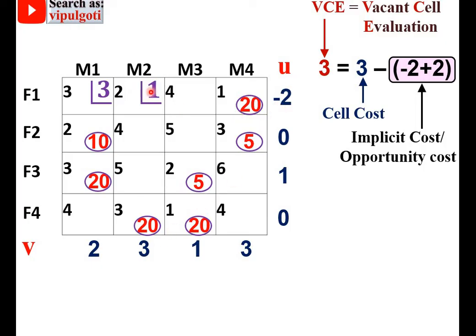That is VCE. Similarly, you will get over here the sum of these two, that is minus 1, and that should be subtracted from 4. So 4 minus minus 1, so it should be 4 plus 1, and that is 5. So you will get all these VCE.